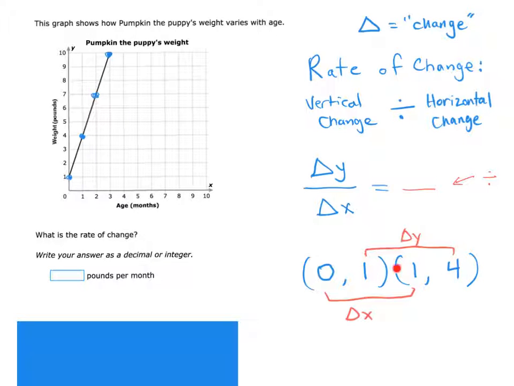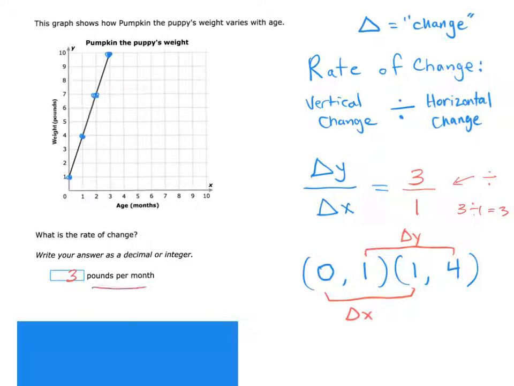If you get really tricky numbers, you could just use a calculator and subtract 4 minus 1 and find that the difference is positive 3. The next one's pretty obvious. From 0 to 1 is just an increase of 1. Then I take my calculator and do 3 divided by 1, which equals 3.